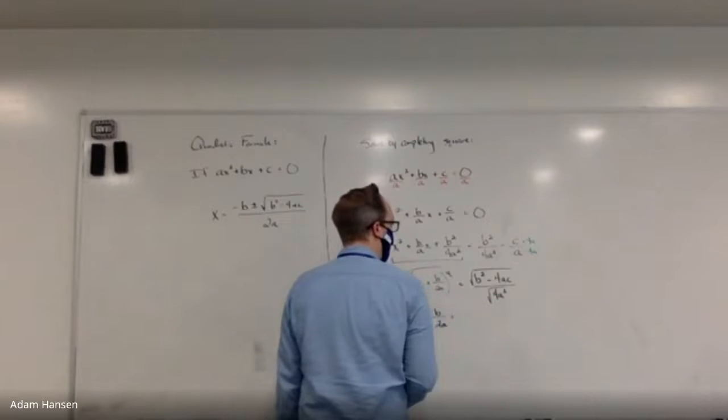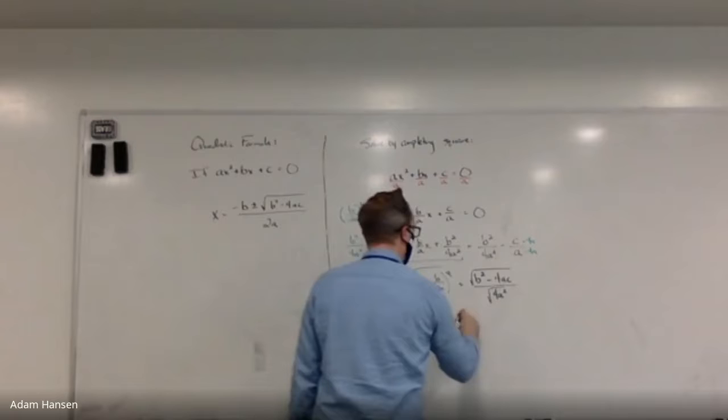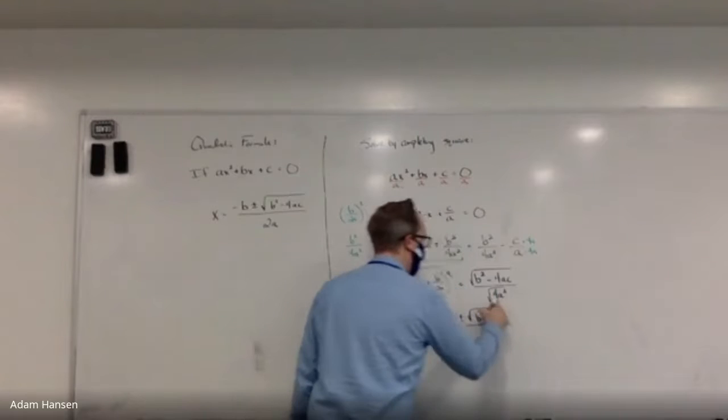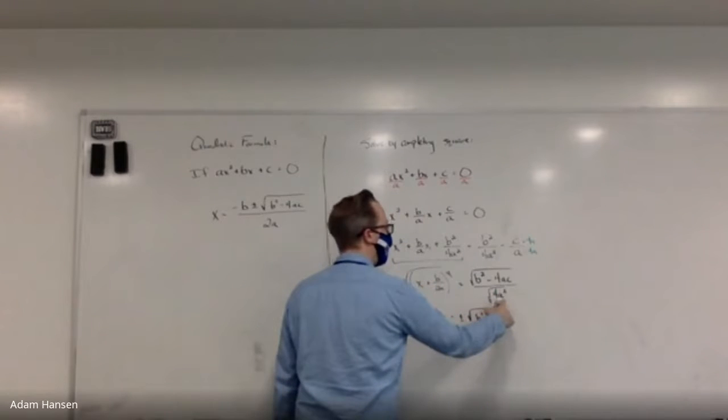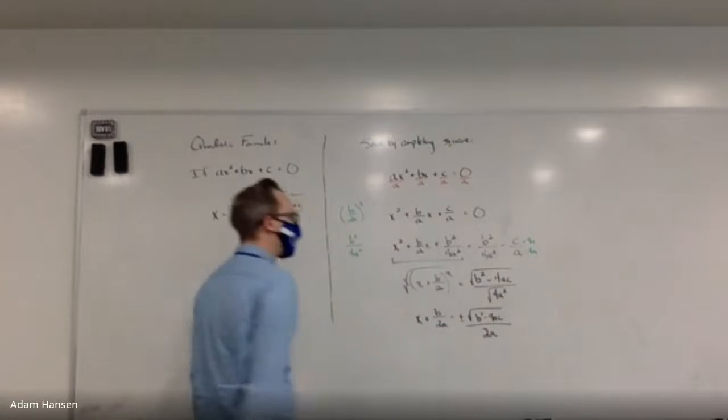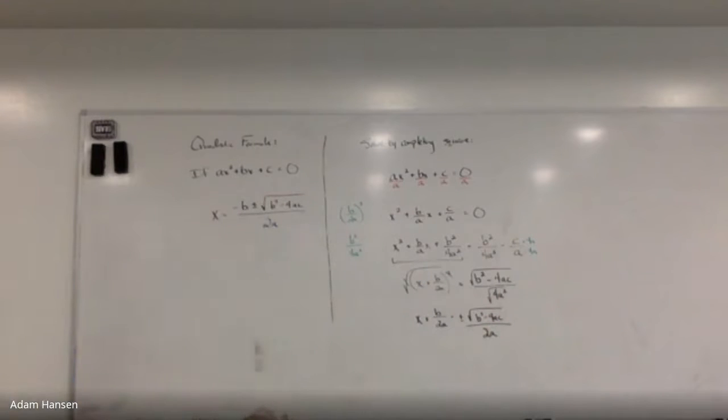When I square root the top and bottom, b squared minus 4ac is much tougher to square root, so I'll just leave it as the square root of b squared minus 4ac. What's the square root of 4? 2. What's the square root of a squared? A. Square root top and bottom, and I simplify the radical of 4a squared.